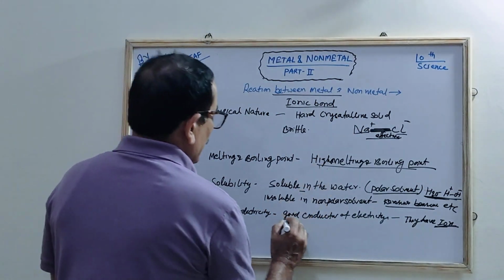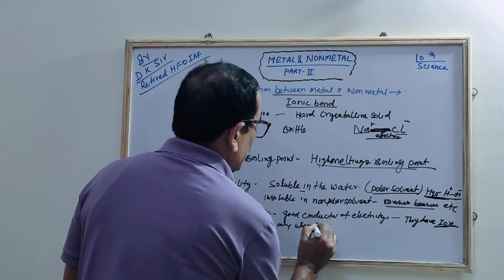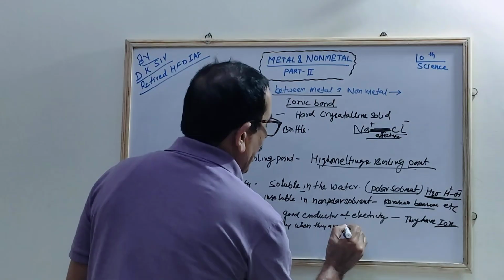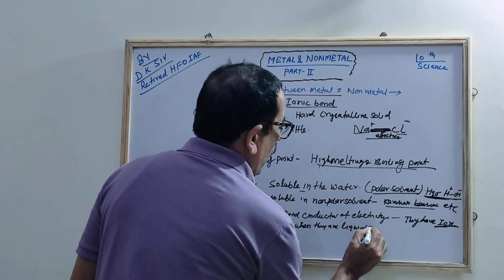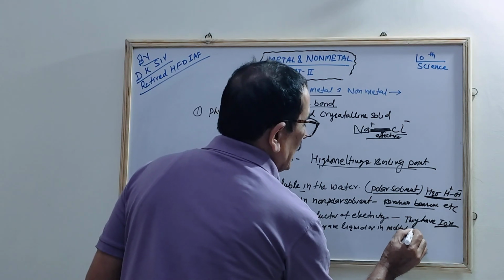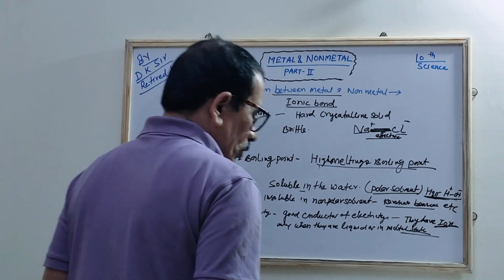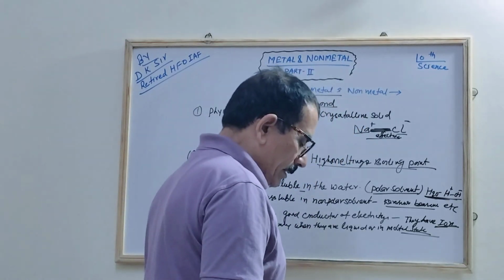But remember, it can conduct only when they are liquid or in molten state, correct? Molten state. If it is solid, it is not going to conduct, understood? So you should remember that way, correct?